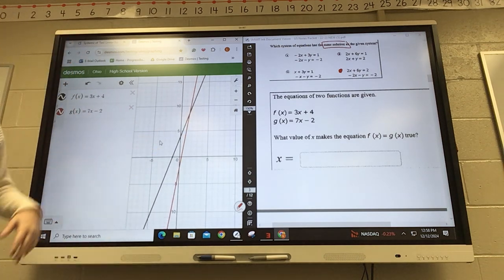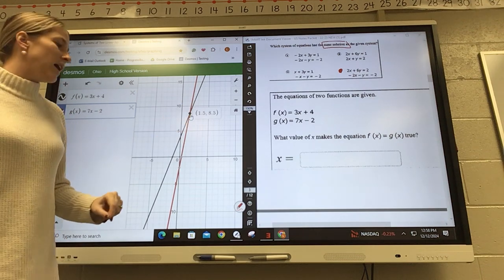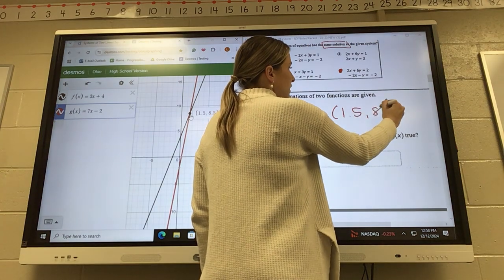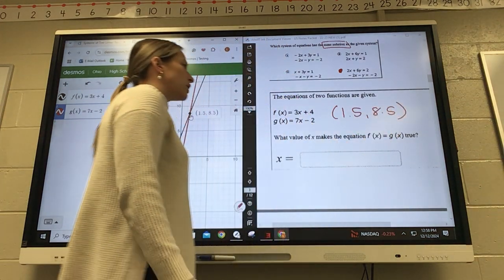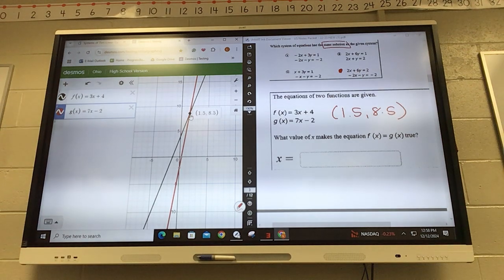Okay, so even if I had no idea what I was doing on this test and I typed it in, what do you think you would click on, just common sense? Probably where they intersect, right? So now their solution to that system is 1.5 and 8.5. I'm going to write that up here. But if I look at my question, what value of x makes them equal to each other?